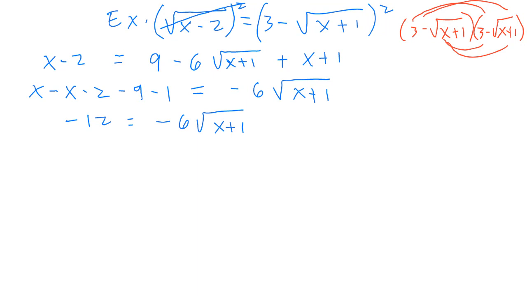We have to eliminate the radical symbol by taking the square on the right side and do the same thing on the other side. So it gives us 36 times x plus 1. On the other side, that should be 12 times 12, that should be 144. So that's a power of 2. So that's 144.